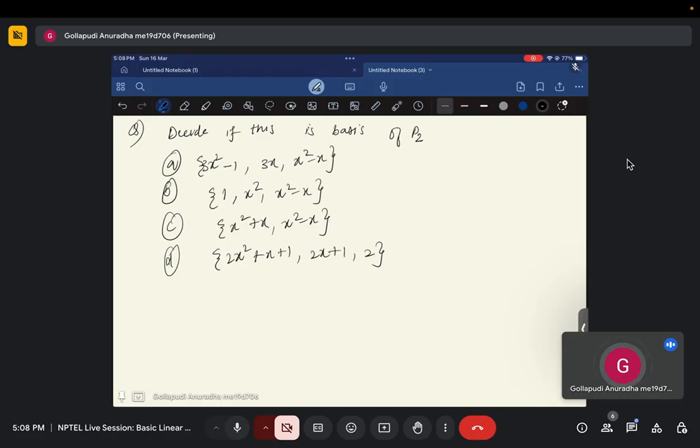Let's see the solution. First of all, what is the dimension of P2? Three. So it's only 3. To show that the given set is linearly independent, what do we need to observe?